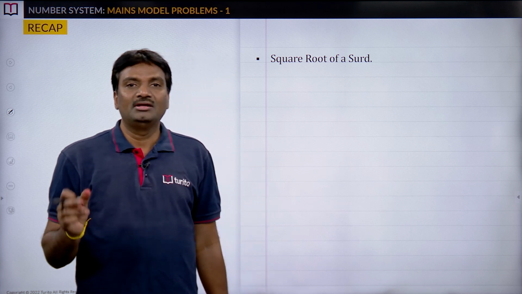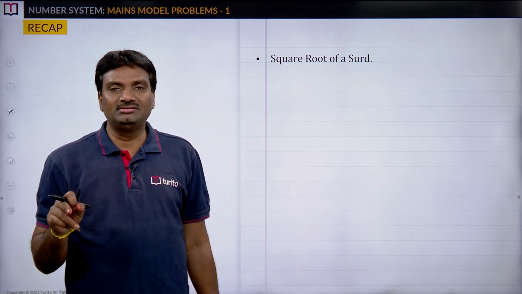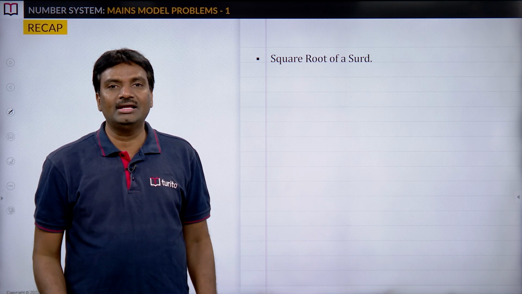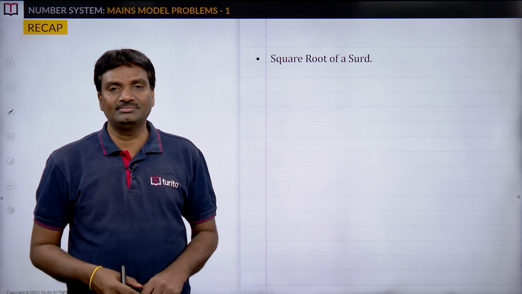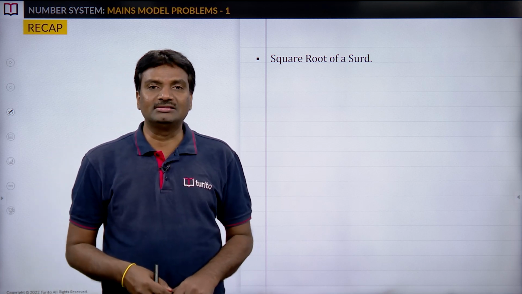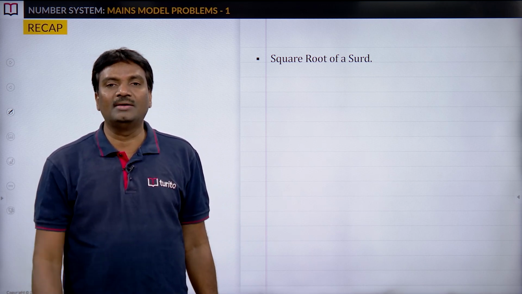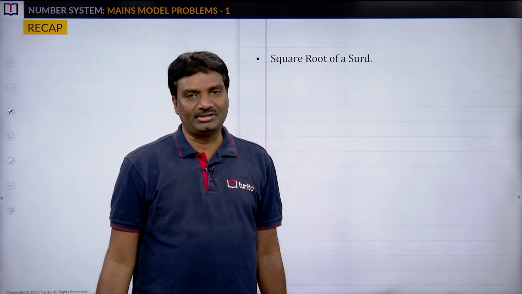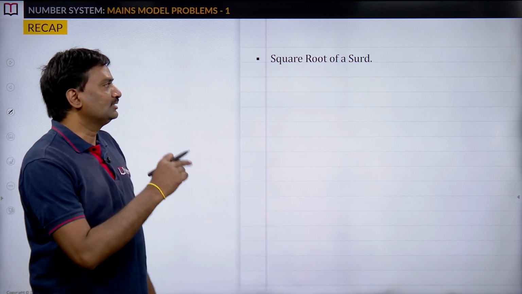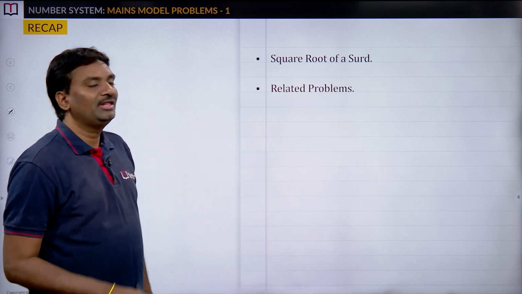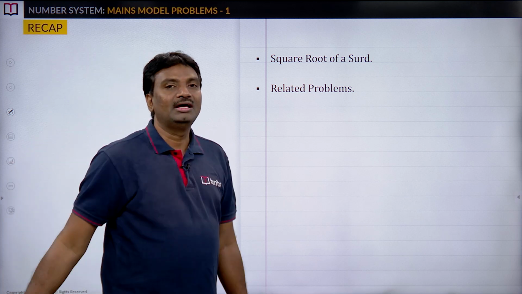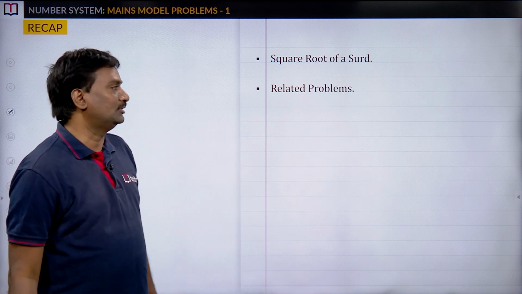That is why, when you are writing competitive exams, you need to do the calculation very fast. When you are writing descriptive exams, you have to present each and every step in the solution of the given question. In the last class we discussed the square root of a surd and did some problems related to it.